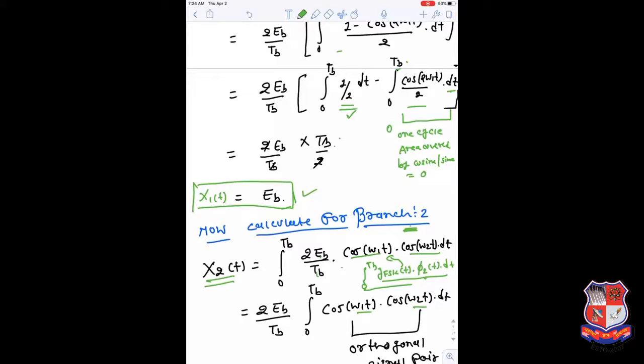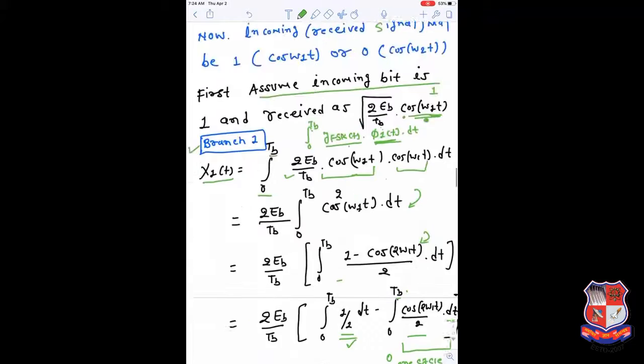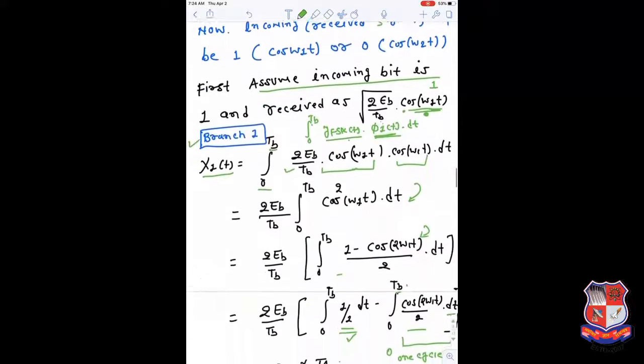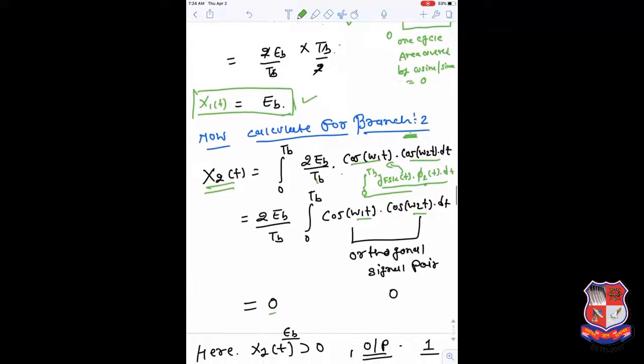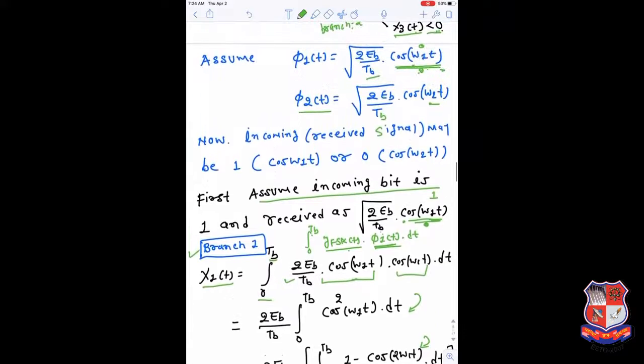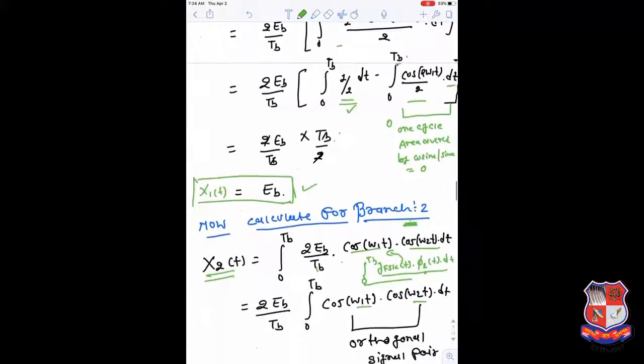In the earlier case we multiplied with phi 1 of t because it was the upper branch calculation. Here in the lower branch calculation we multiply with phi 2 of t, which has been represented here. The upper branch signal is multiplied with phi 1 of t, the lower branch signal is multiplied with phi 2 of t. So phi 2 of t is represented here as square root 2 EB by TB cos omega 2t.